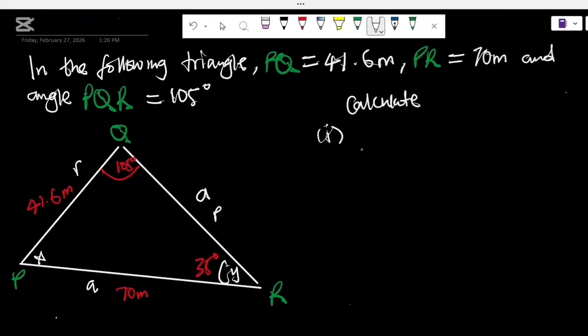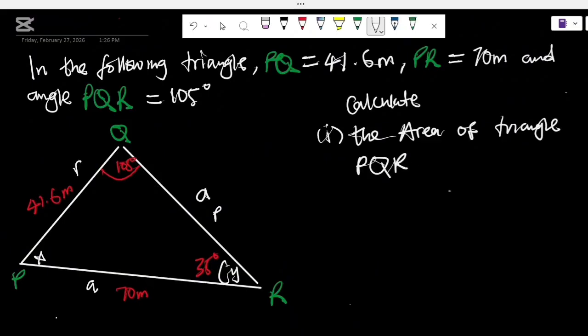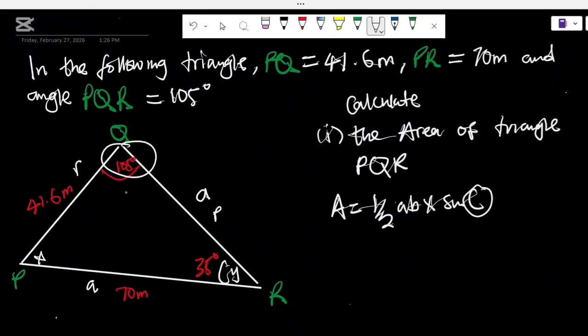Now the area is given by half AB times sine C. In this case, for us to find the area of PQR, obviously this C here, the angle at C, should be this particular angle.